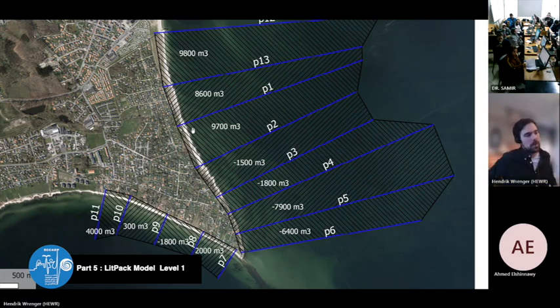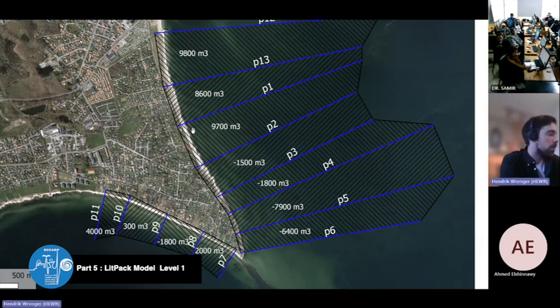But it's sort of acknowledging the level of detail and the level of confidence of our input data that we had in that current situation. And it was also sufficient to then combine with the experience of our coastal team to assess different solutions and design alternatives.